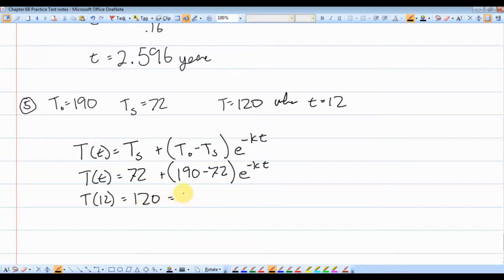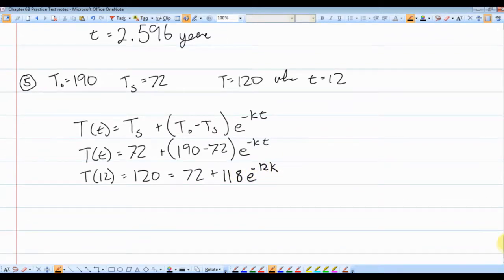And that's going to be equal to 72 plus 118 e to the negative 12k. And we're going to get our value of k out of this.